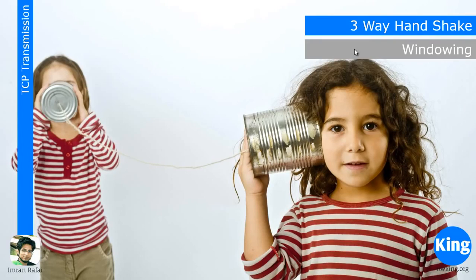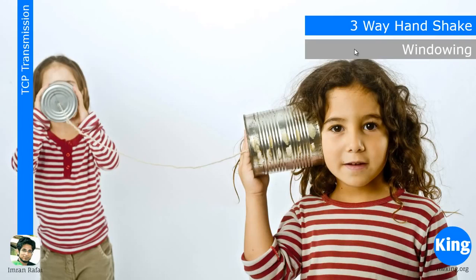So compare that to what happens in TCP. TCP actually builds a connection, then it starts doing the real transmission. Now how does it build that connection? It builds that connection by going through what we know as the three-way handshake. Now it's a technical term. I know it sounds very non-technical, but three-way handshake is actually a technical term in TCP communication.